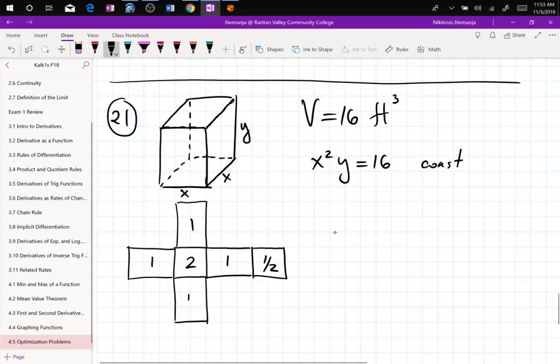So now I have to come up with a cost equation, and clearly I want to minimize that. So I'm looking for dimensions x and y so that the cost of making the box is the lowest. And this is what you do as a packaging engineer. So now what is the cost equation? Cost. So I am looking for 2 times x squared plus 4 times xy plus 1/2 x squared to be minimum.